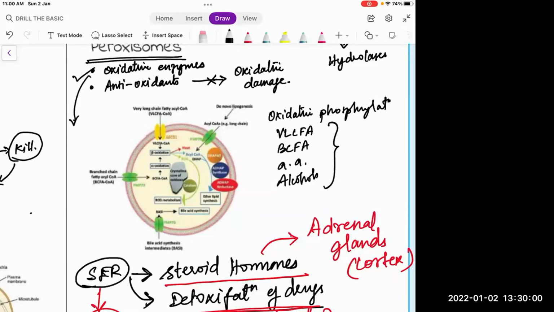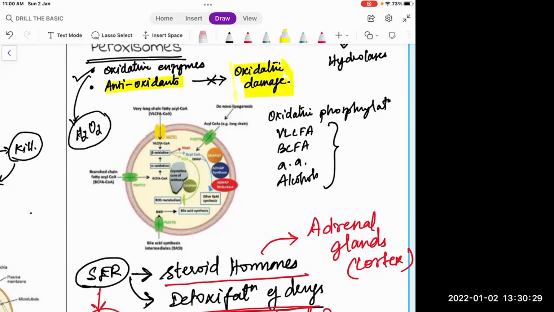And the most common one is hydrogen peroxide, which also acts as an antimicrobial agent and also as an oxidizing agent, which removes our body from the oxidative stress and the oxidative damage from the oxidants. So these peroxisomal enzymes have their major role as antioxidants, and they prevent the body from the oxidative damage.